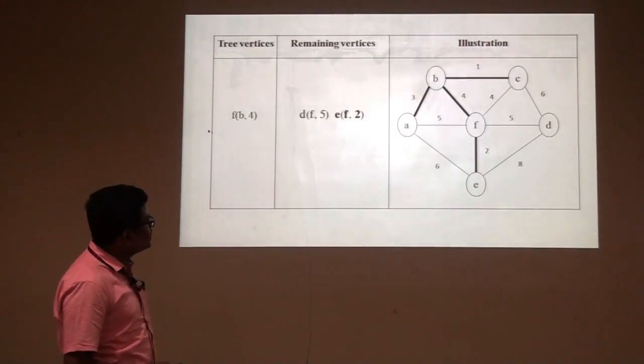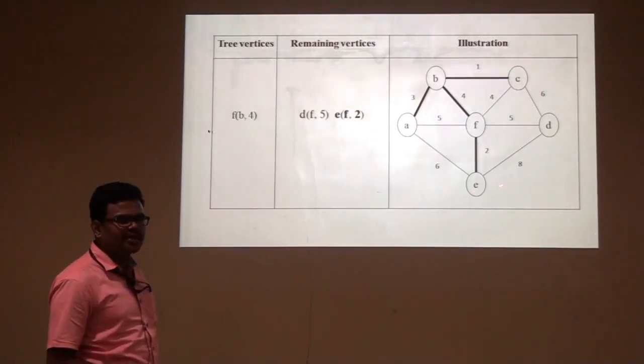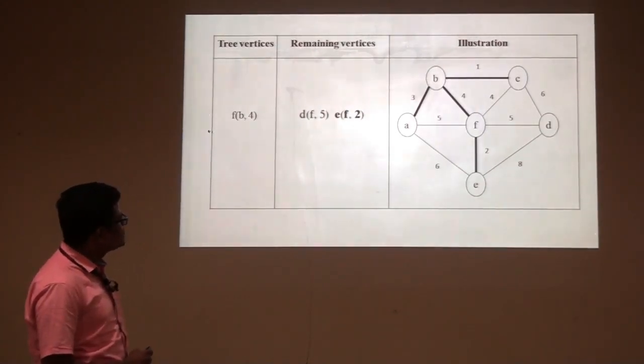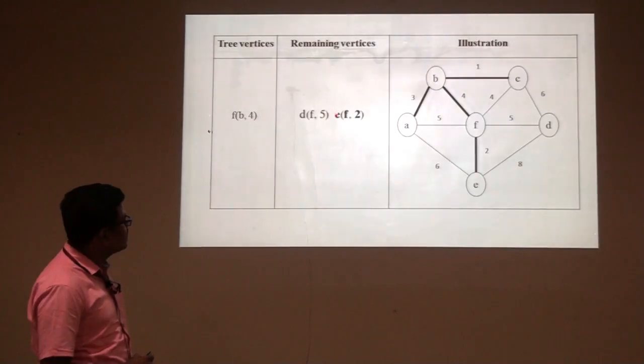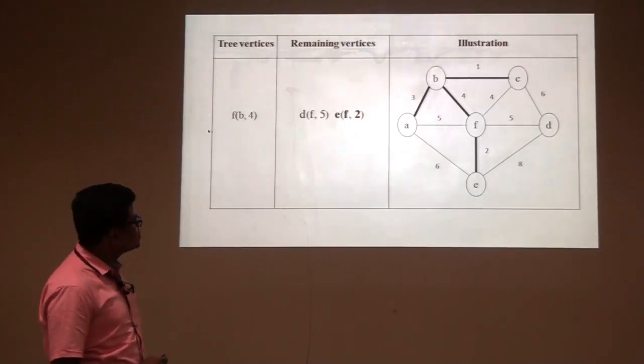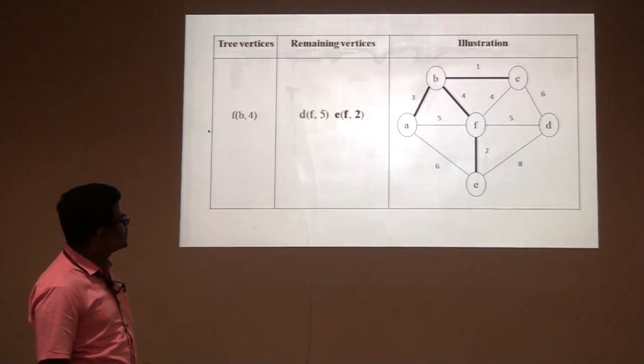Next, the costs for visiting E are 6, 2 and 8 from D. So 2 is the minimum cost, so we are selecting the 2. D from F is 5 and E from F is 2, so the minimum cost is 2. So we are selecting the E vertex from F with the minimum cost of 2.